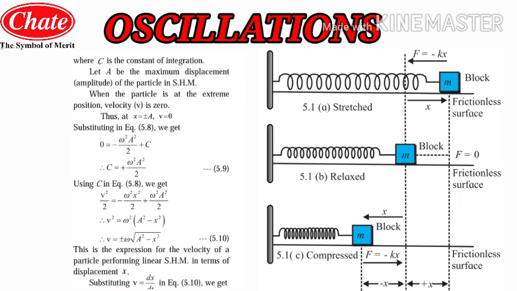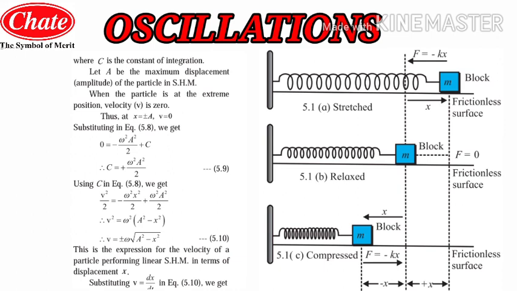Now if we take the square root, the square root of v square will become v, and the square root of omega square will become omega. So v is equal to plus minus omega into square root of a square minus x square. Students, always keep in mind, when there is a square root of a positive term, there is the possibility of plus and minus, because the square of 2 is 4, and the square of minus 2 is also 4.